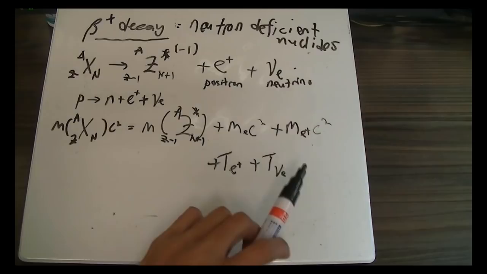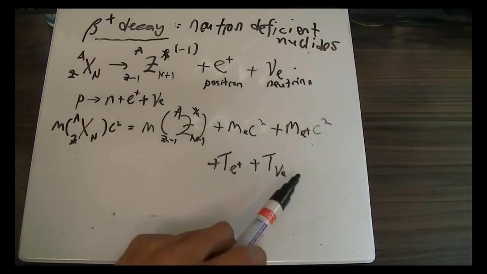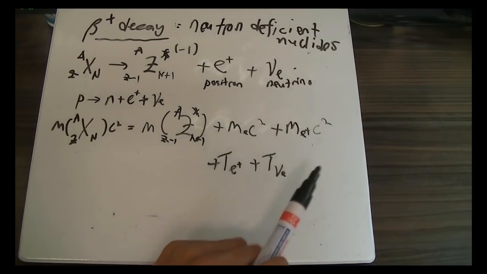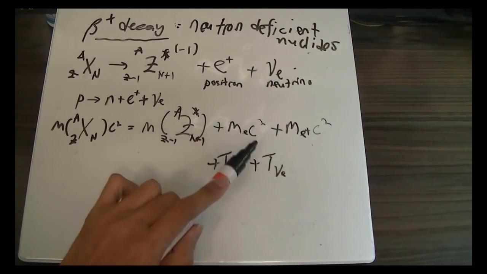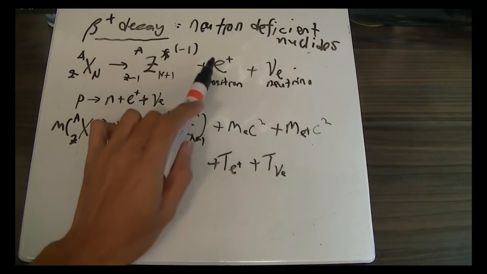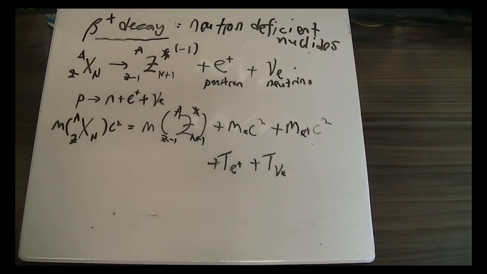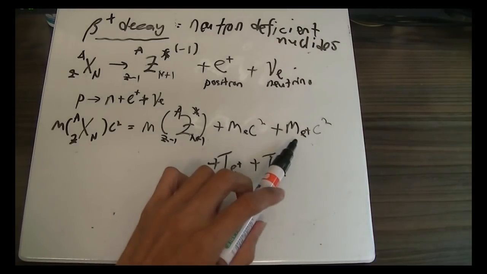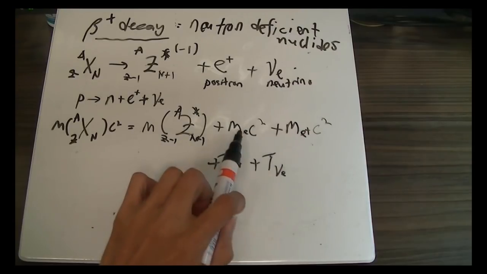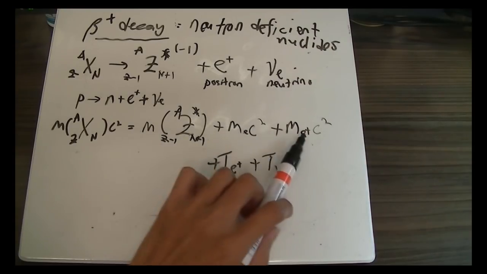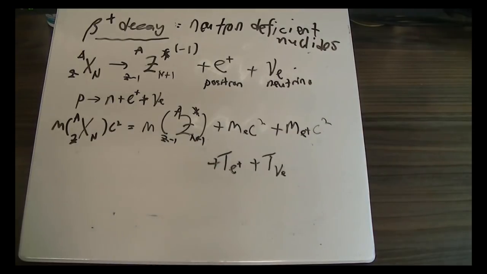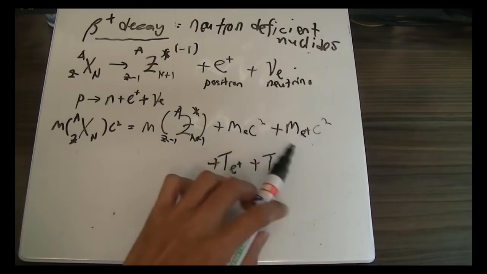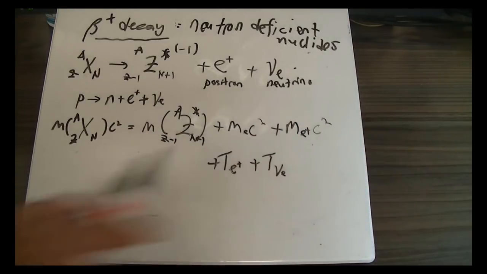Like in the beta minus decay, we are neglecting the mass energy of the neutrino, as well as the binding energy of the released positron. Now keep in mind that the mass of the positron is exactly the same as the electron, and the only difference is their charge.